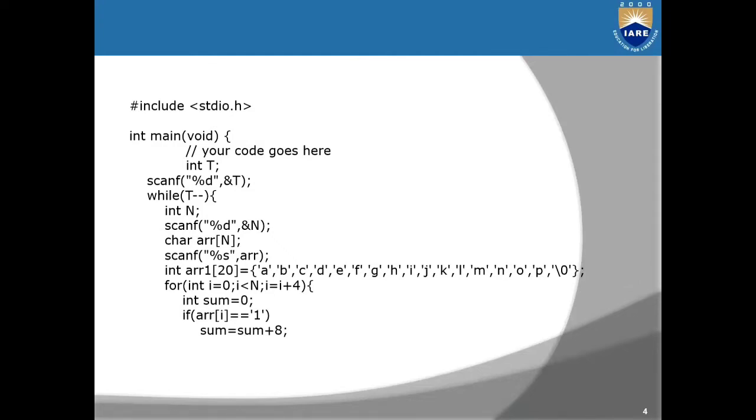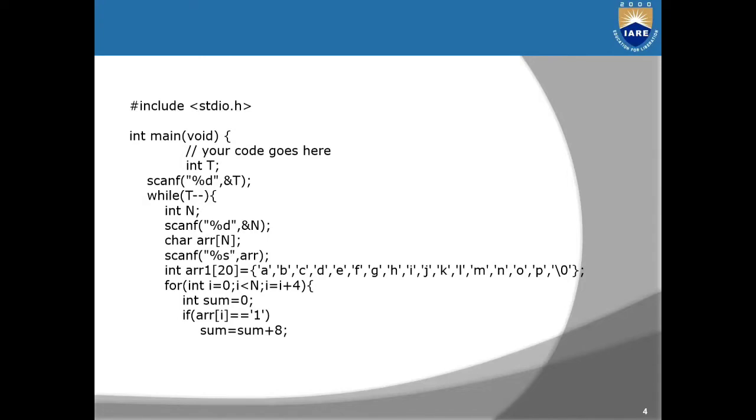%d denotes the decimal integer type, and &T is the address of T. With the use of a while loop, we will run the code while T-- is true.